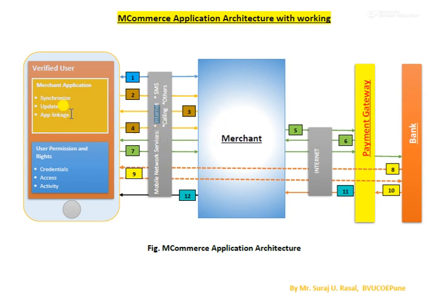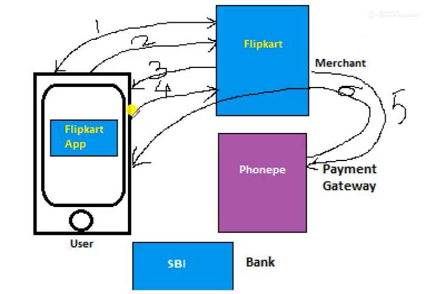When the user confirms the request, the fourth step is represented for that purpose: the merchant receives the confirmation request from the user. The same thing is displayed here also. This fourth step represents the confirmation from the user to proceed with the financial transaction.